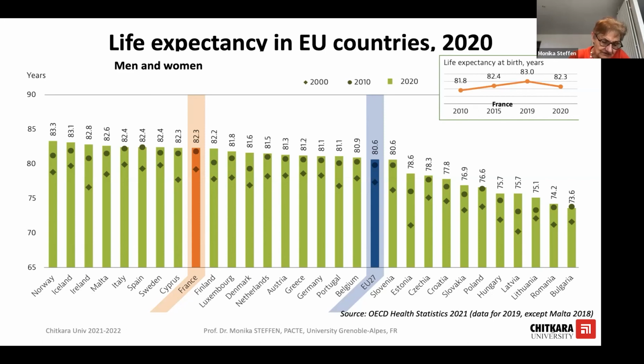So life expectancy for men in the European Union, in the richer part, in Western Europe, those who are somewhere here, men live 79 years on average and women 84 on average. So this is life expectancy at birth. So it's 5 years of difference. And COVID, of course, decreased life expectancy in all the countries.